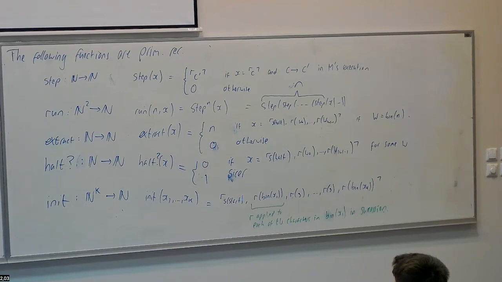Okay, well, in my notes, I have four closing brackets at this point, so let's believe that. So that tells us the number of steps we want to run the Turing machine for, and we want to run it on the initialized configuration.